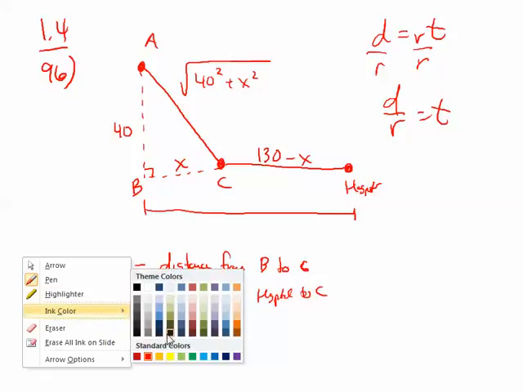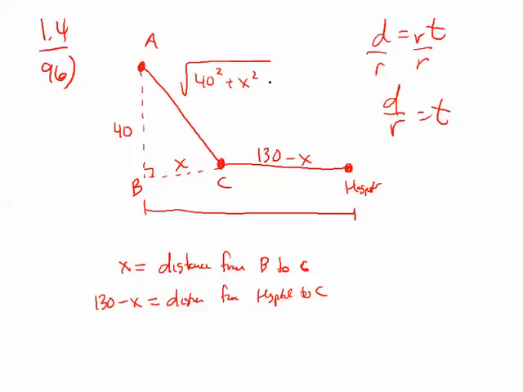and let me put a different... So not to be confused with this 40, because this is not the 40. Let me read this here again. It says the motorboat can travel at 40 kilometers per hour. So now the time that this is traveling, actually let me do it like this just so not confused. Time would be 40 squared plus x squared divided by 40.